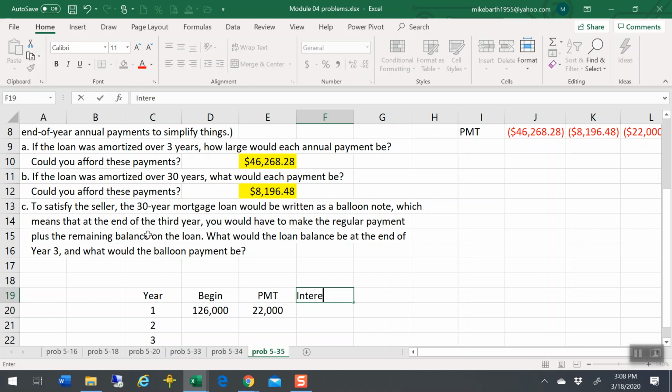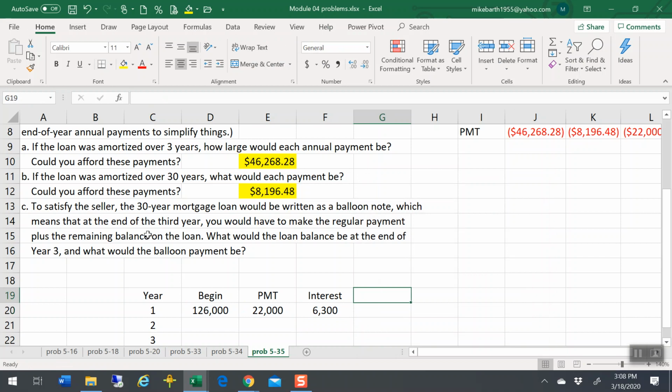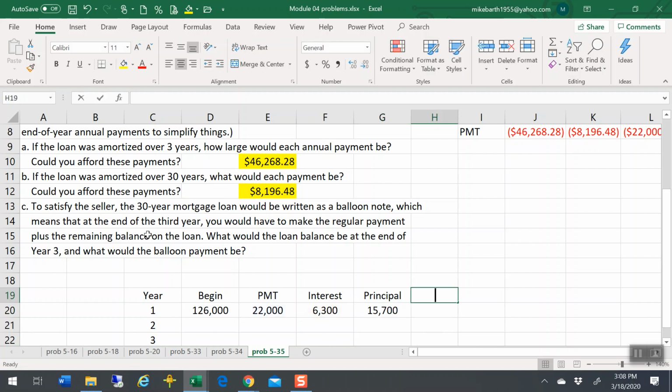The interest portion in the first year would be at 5%. 5% of 126,000, I'd owe them 6,300 in interest. So the principal would be whatever I sent on my 22,000 I can afford minus 6,300. So the ending balance after the first year will be 126,000 minus the 15,700 principal I paid.